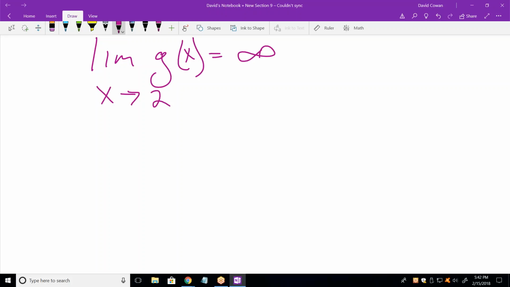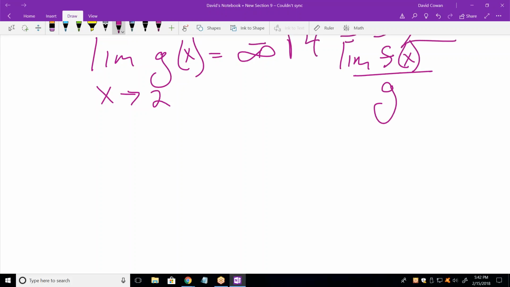So they want the limit of f of x over g of x as x goes to 2. And the limit of f of x still equals 4, and the limit of g of x is infinity.